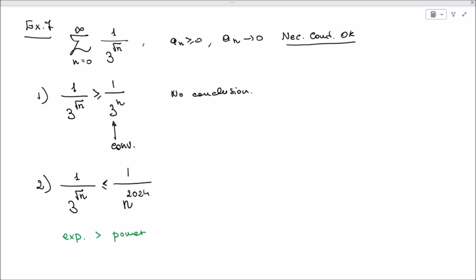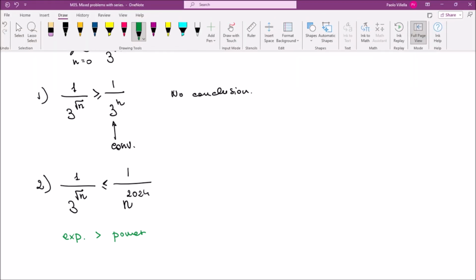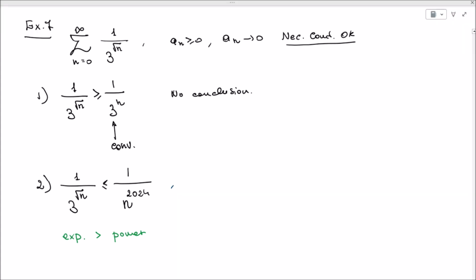So it might be good at this point because we are now back to some generalized harmonic sequence. And what we could say is that we could attempt an asymptotic comparison with 1 over n to the 2024.